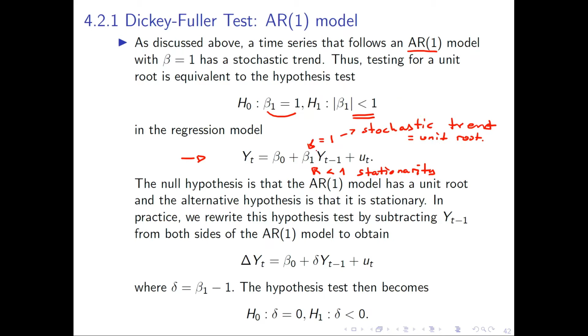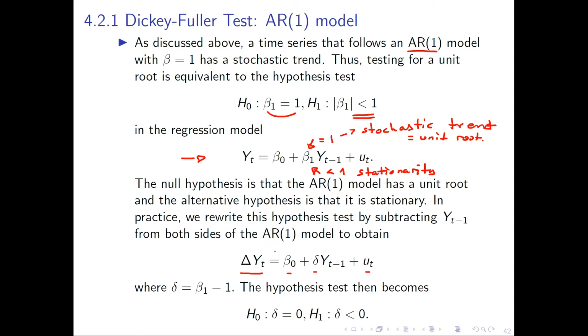So how can you test this slope? Well, it's actually easier if you subtract yt minus 1 from both sides, and then you get the difference, which is just a new variable you make in your data set, equal to the intercept plus a slope on the lagged value of y plus the residual.